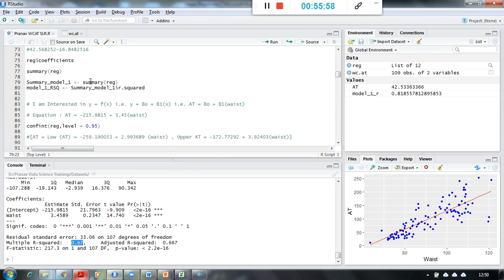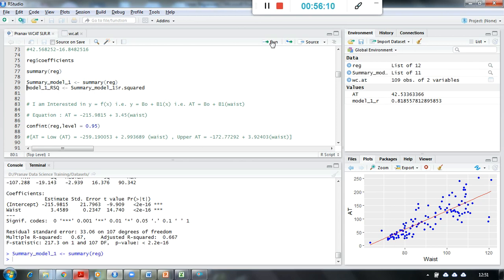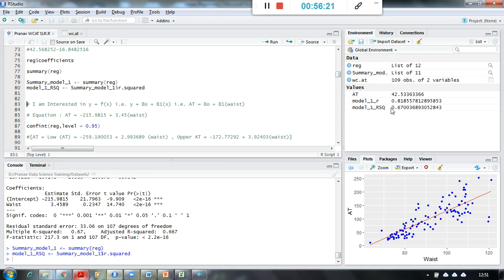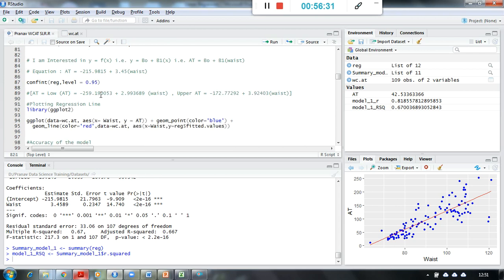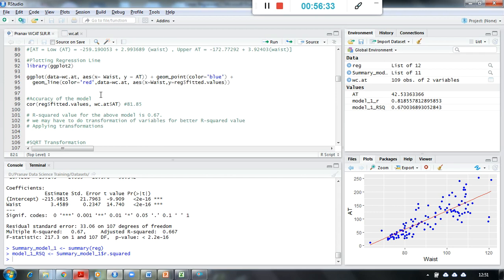So I am storing the summary of this REG model into the summary model 1 variable, and now I am using the r square component of this summary into my model 1 RSQ. So we have stored till now the small r value and the r square value, which we are going to use to create a table out of it.